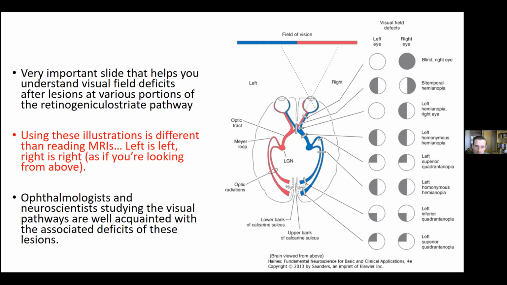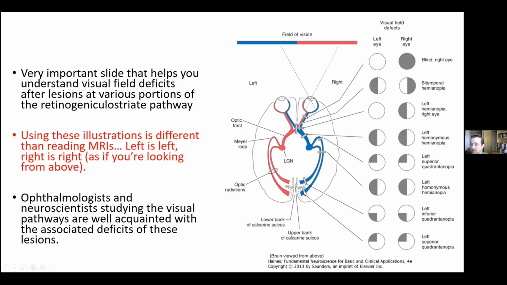So you can go through all of these little diagrams here, looking at where your lesion is localized along the pathway, and see what sort of visual deficits you're going to get.